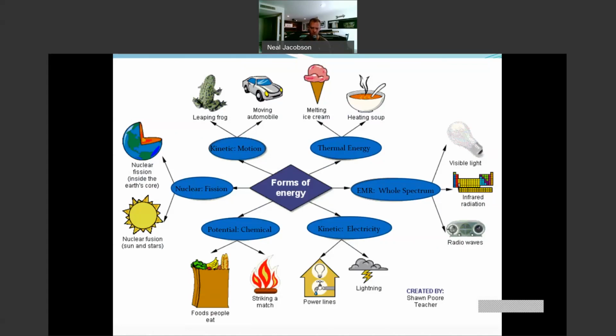As we shorten the distance between peaks in the waves of photons, we get down to ultraviolet radiation, X-rays, gamma rays, right? So there's this entire spectrum of EMR, and we'll talk a lot more about that when we get to photosynthesis, because plants capture energy of a certain region or a certain spectrum, if you will, when they do photosynthesis. So that's a general idea of all the different types of energy.